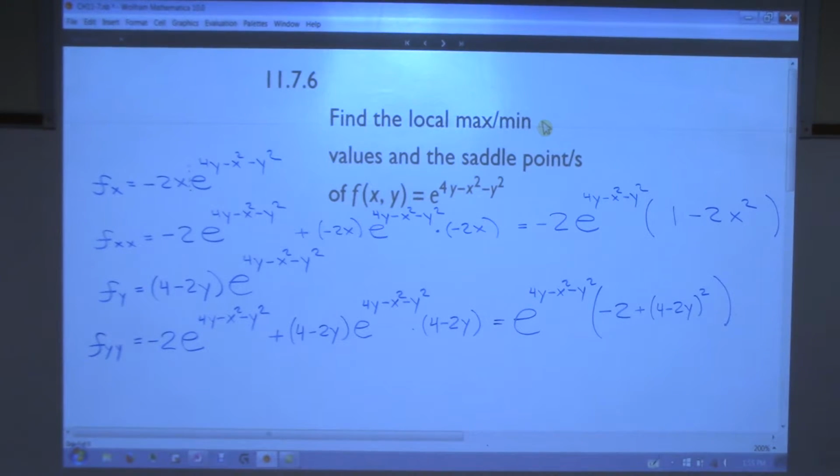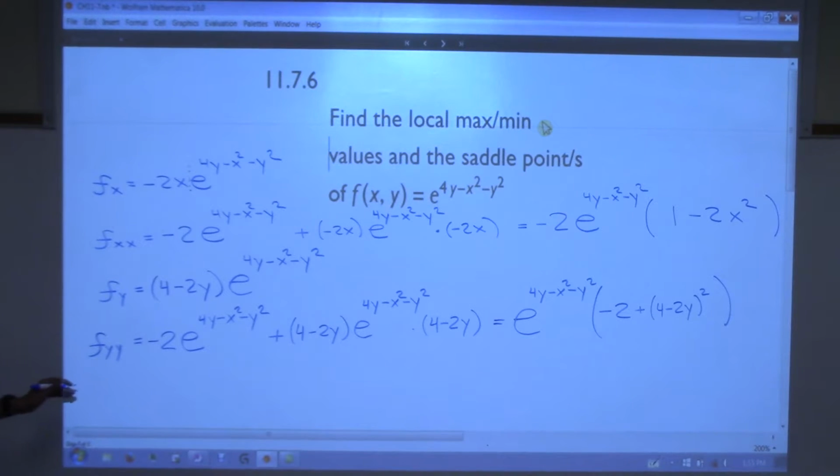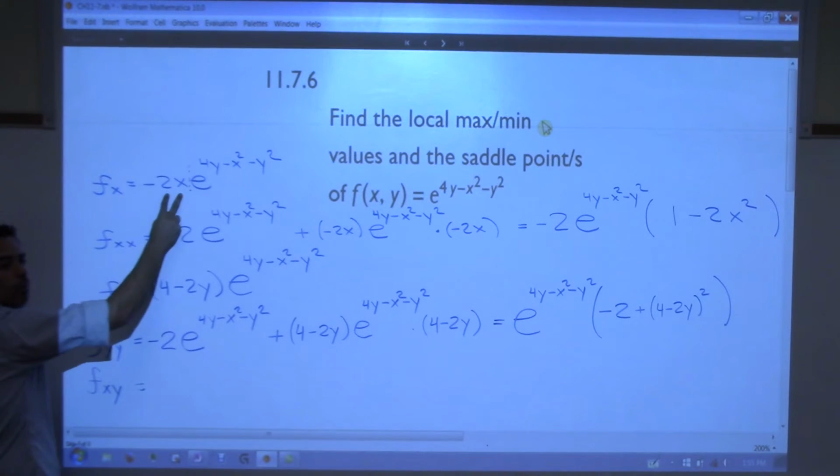All right, one more derivative for me to try and get. Partial of f with respect to x followed by with respect to y. So that's this one up here with respect to y. What's good about that? Do I need product rule? I don't, because this is not a function of y.